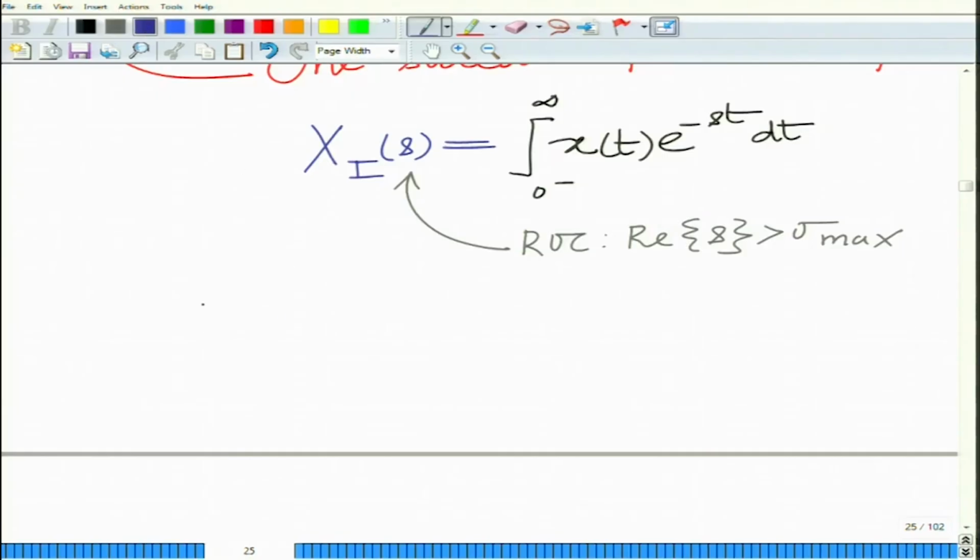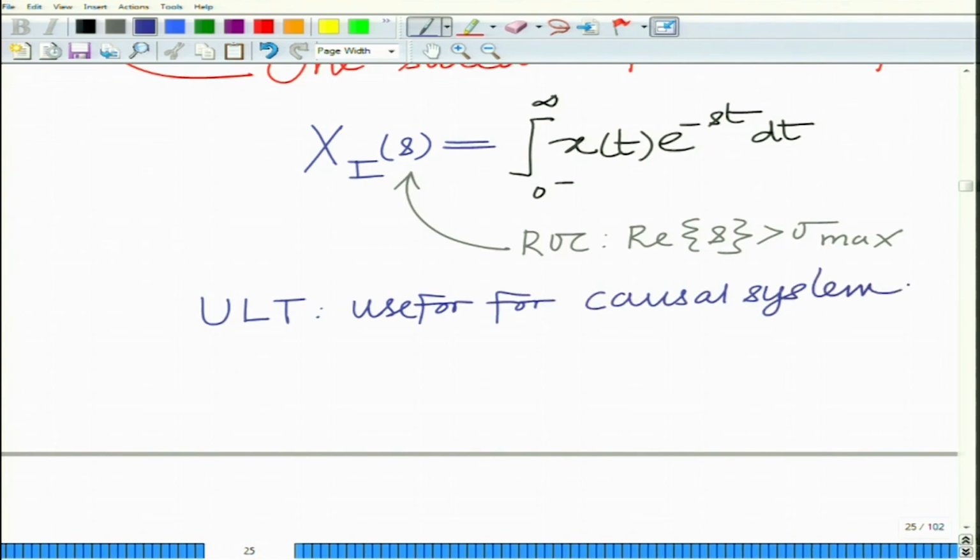So the unilateral Laplace transform or the one-sided Laplace transform, as we are going to illustrate, is basically very useful in scenarios where you have a causal system with a causal input and non-zero initial conditions.